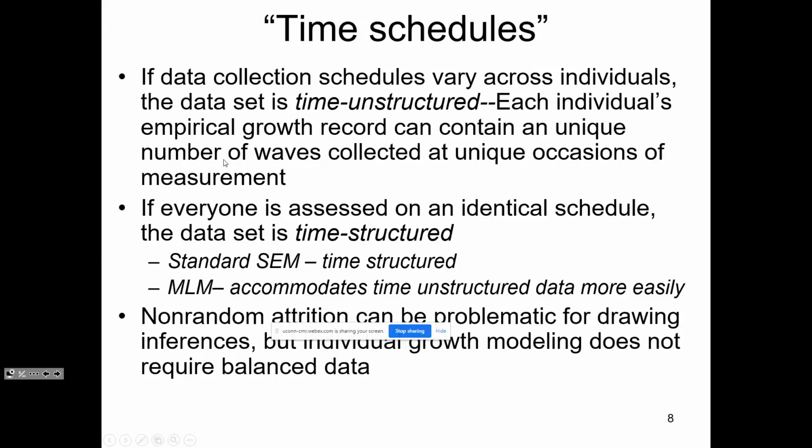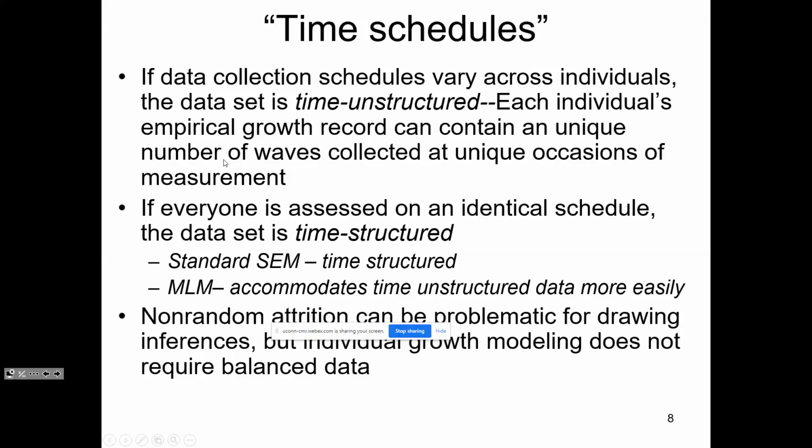So each person is going to have multiple rows, and each observation across time is going to be a row in the file. And then you have an independent variable for time. So time becomes an actual independent variable in your data file.